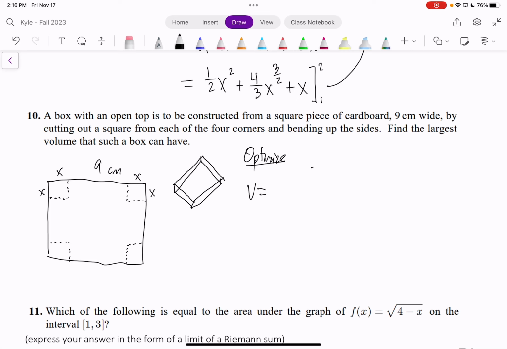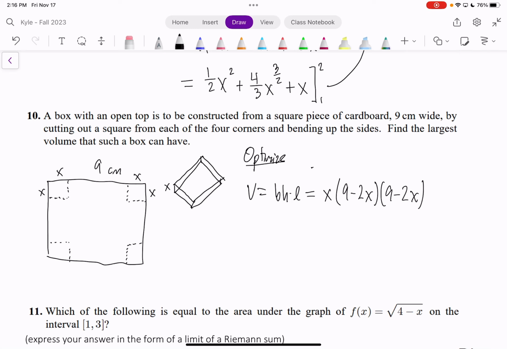We're just going to optimize this function. We'll take our volume. Our box is going to have height x and each of its side lengths 9 minus 2x. So our volume is base times height times length: x times (9 minus 2x) times (9 minus 2x).